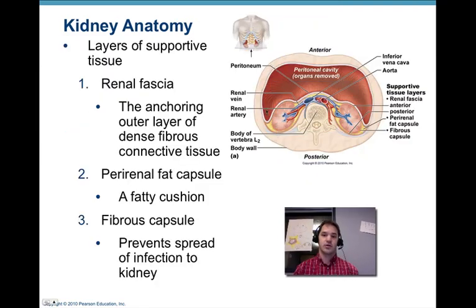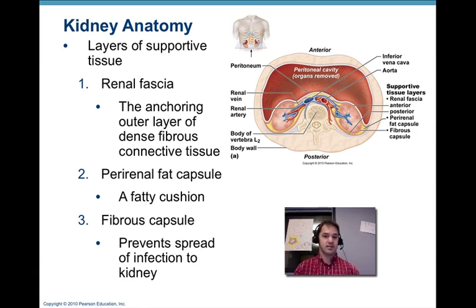So here this is showing you that the kidneys are retroperitoneal. They're behind the peritoneal cavity, and we've got the layers of supportive tissue around the kidneys. We've got their renal fascia. This is right here and here as well.